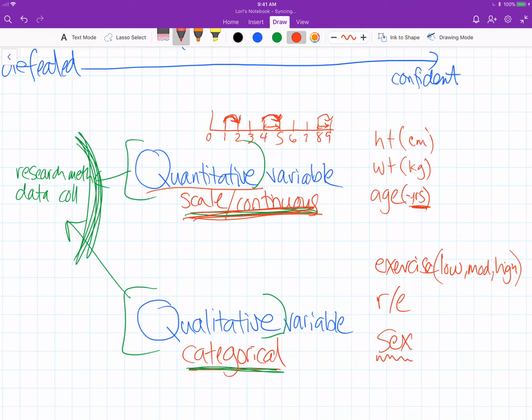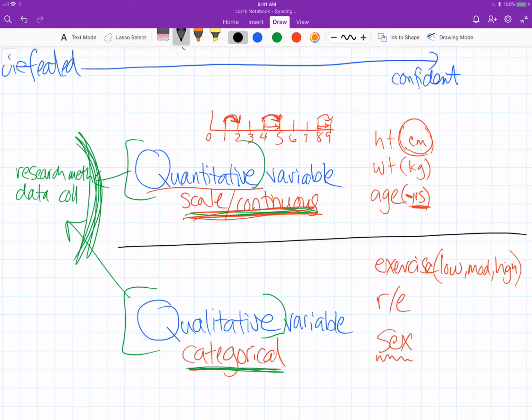We know exactly how many years when we put the number next to years. And as soon as you have this, it's like a little flag that says I am a scale variable or I am a continuous variable. So that can help you distinguish between these two general kinds.